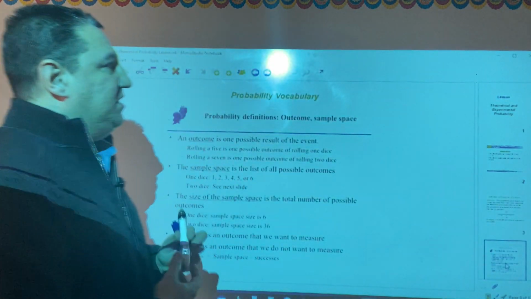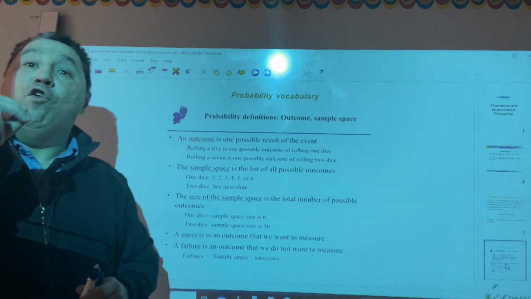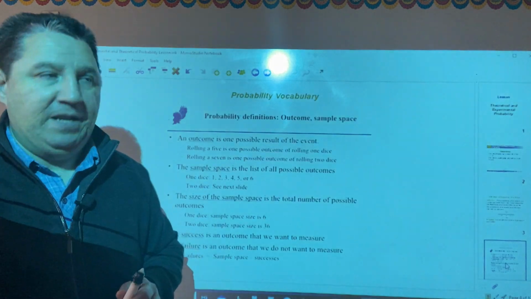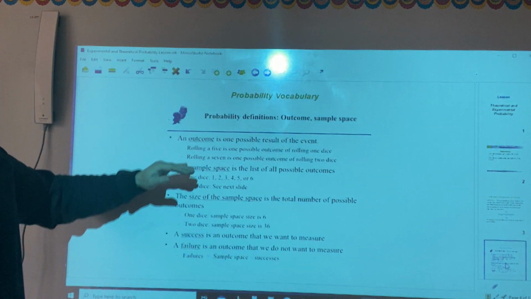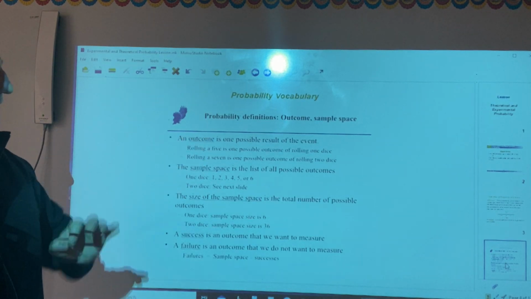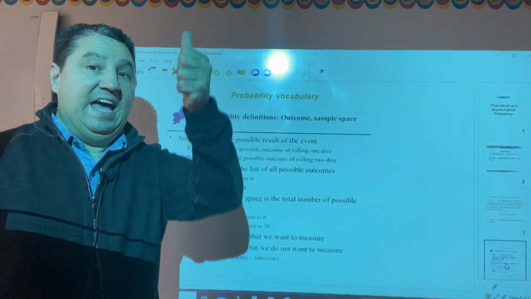In this slide, we have a few vocabulary words related to probabilities. First, what is an outcome? An outcome is one possible result of an event.